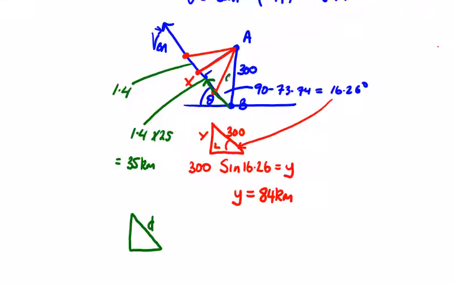This d here, we have y to be 84, 35 kilometers along the bottom, so d is the square root of 84 squared plus 35 squared. If I divide both of them by 7, I'd have a 12 and a 5, which would mean my 13. So 7 by 13, this should give me 91 kilometers.